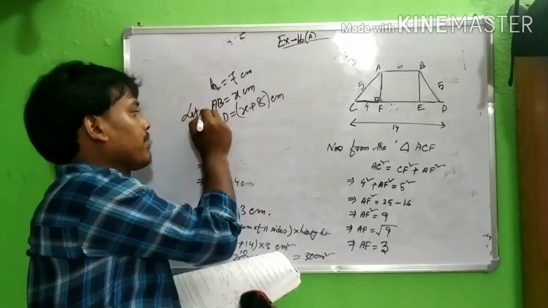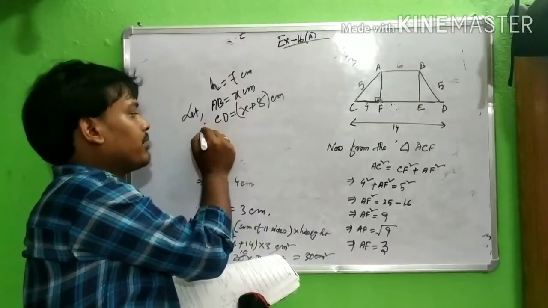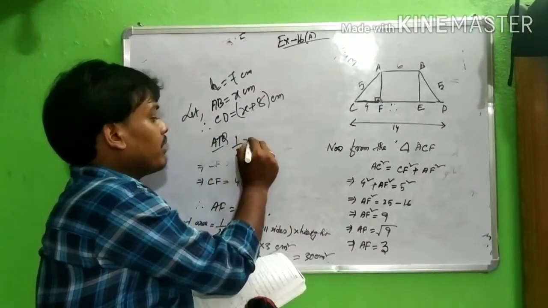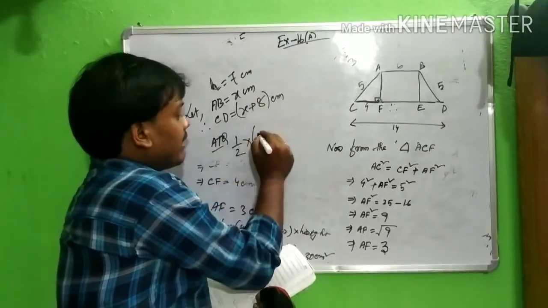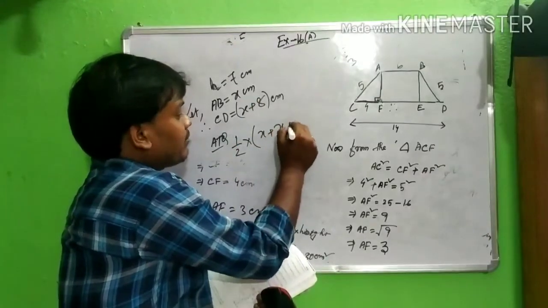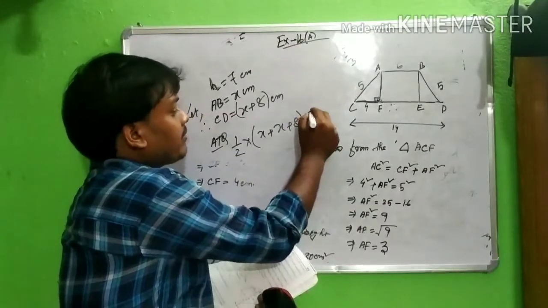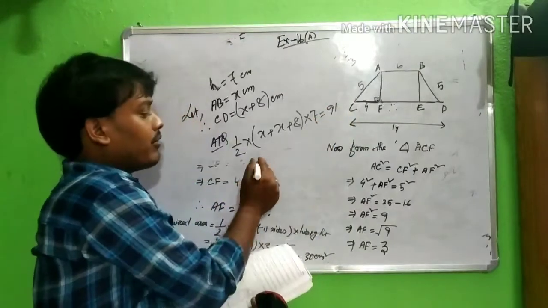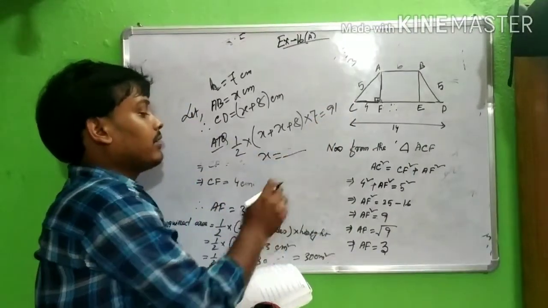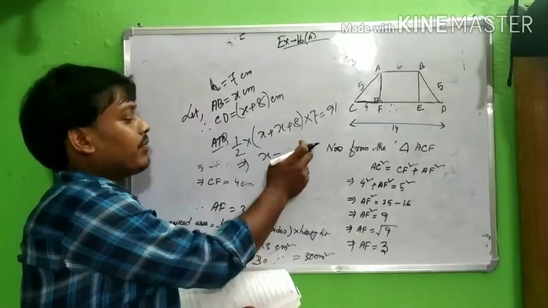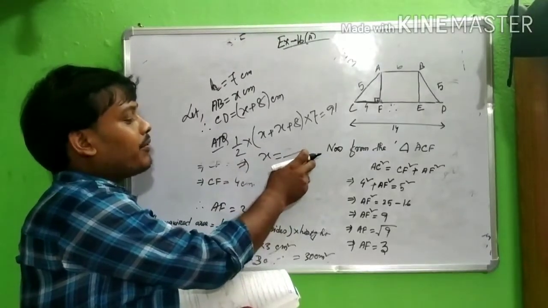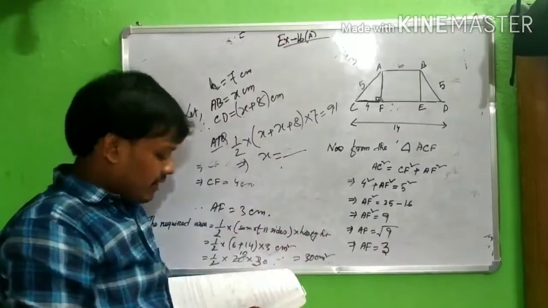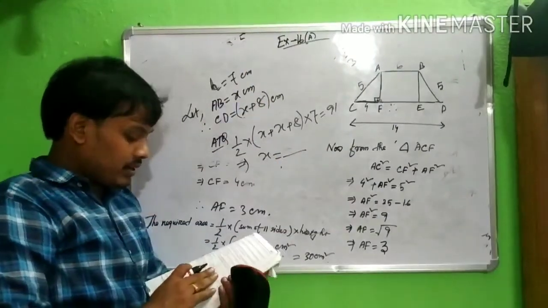So area equals half into sum of parallel sides, one side is x and another is x plus 8, into height, that means 7, equal to the given area 91. From here you can find the value of x. It is your task. Find the value of x and put it in here, x centimeter and x plus 8 centimeter. Very easy.